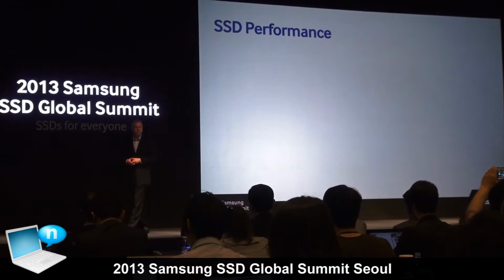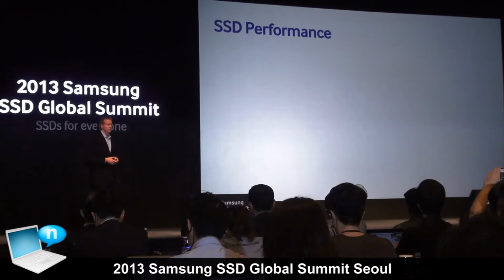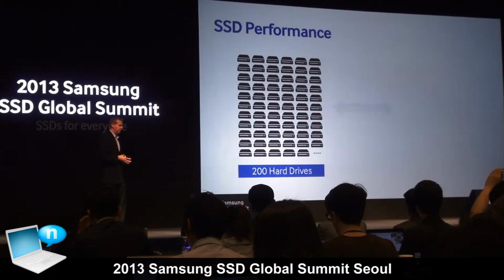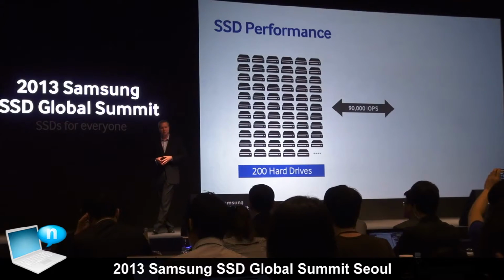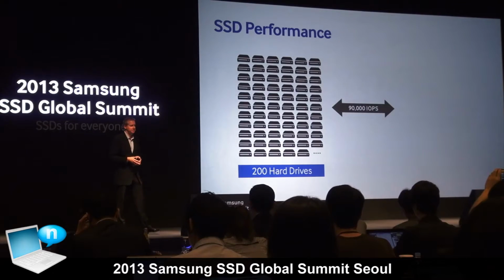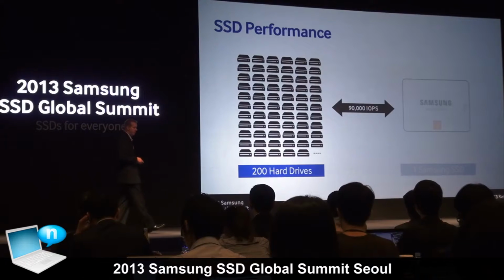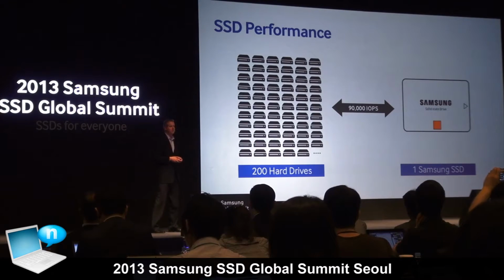Let's talk about performance for a second. I think this is a review for a lot of people. If you think about 90,000 IOPS in terms of random read for some of the latest and greatest SSDs that Samsung has to offer, it would take about 200 hard drives, plus or minus, to generate that same amount of IOPS as a single SSD.